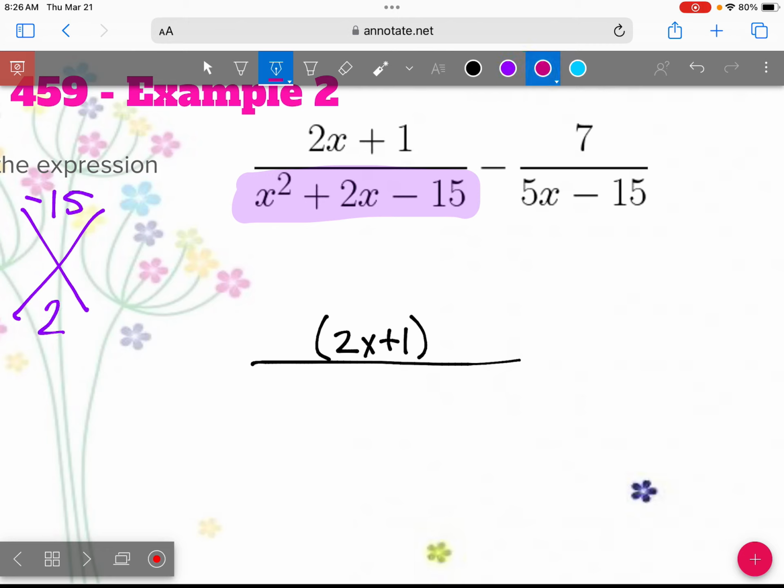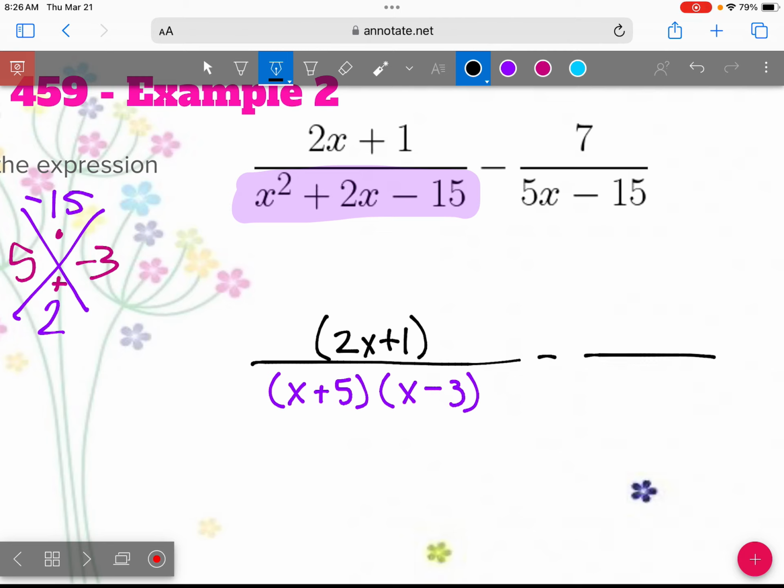What is a pair of numbers that multiplies to make negative 15 and adds to make positive 2? 5 and negative 3. So we have x plus 5, x minus 3. And we are subtracting from that the fraction on the right.